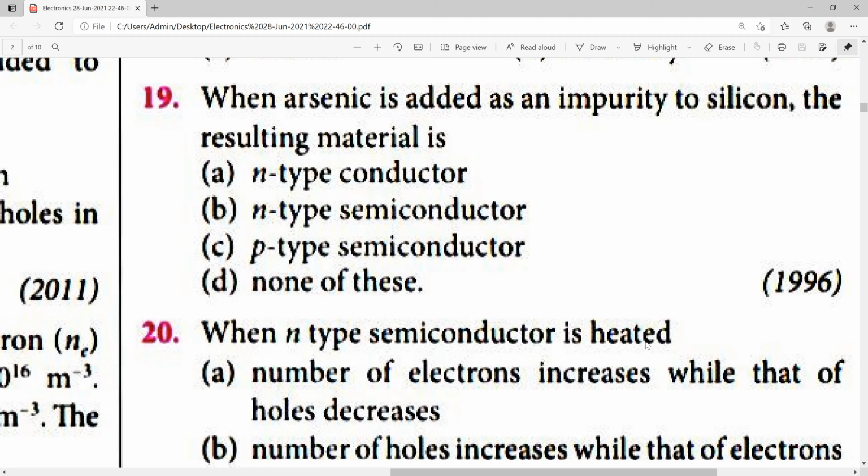Therefore, when added to silicon, it leaves one electron as a free electron. In this case, the conduction of electricity is due to motion of electrons. So the resulting material is n-type. Therefore, for the 19th one, this one is the right answer, that is, n-type semiconductor.